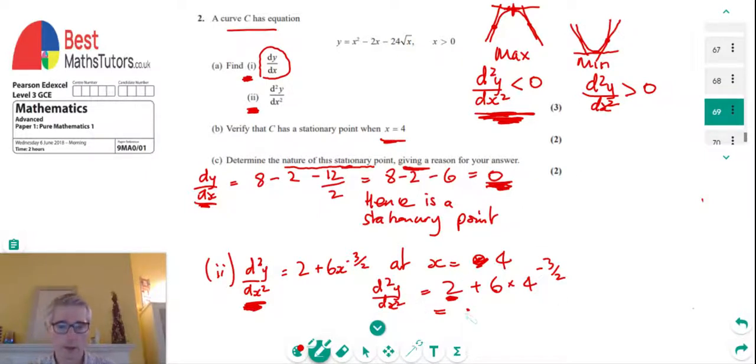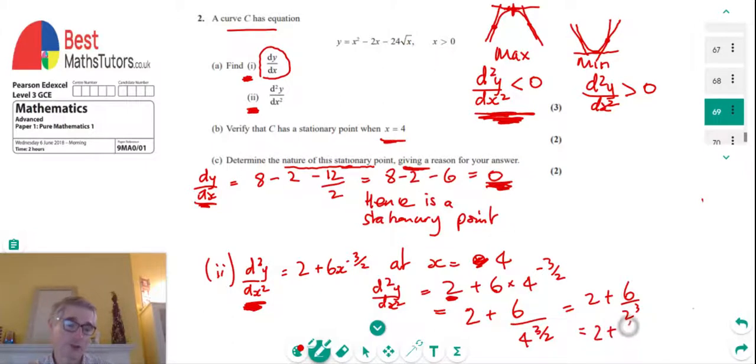So we've got 2 plus 6, and then because it's the negative, 4 to the 3 over 2. So we can square root 4 to get 2 on the bottom of there, and then cube it. So let me just write that: 2 plus 6 over 2 cubed, and so that's going to be 2 plus 6 over 8.